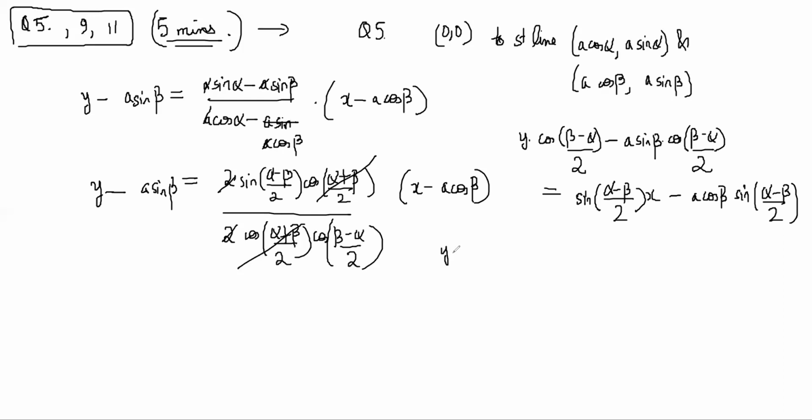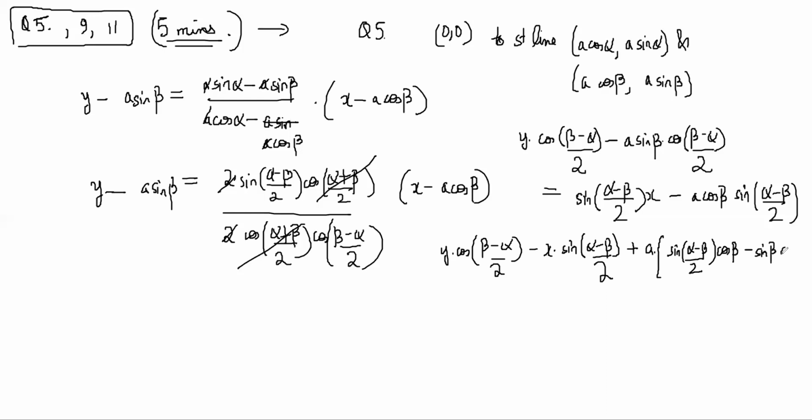Write this equation like this: cos beta minus alpha by 2 into y, minus x into sin alpha minus beta by 2, plus, this is nice, because you get a times sin alpha minus beta by 2 cos beta minus sin beta cos beta minus alpha by 2, is equal to 0, right?